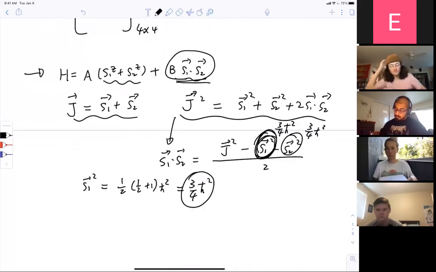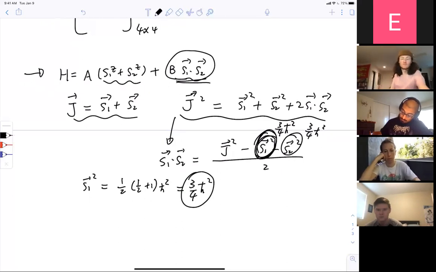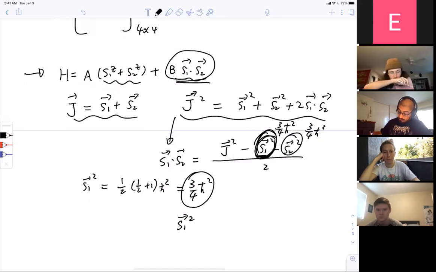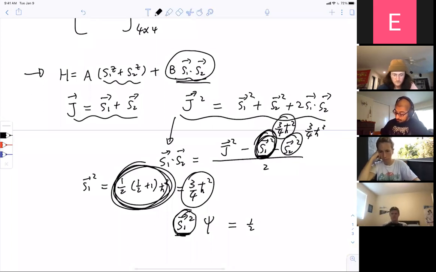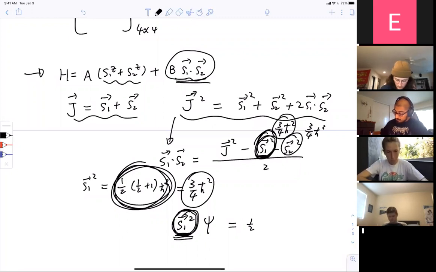The first spin is a spin 1/2, and so this operator acting on any wave function, you would get this number. So we can simply replace it with a number because this operator acts on the Hilbert space like a constant.